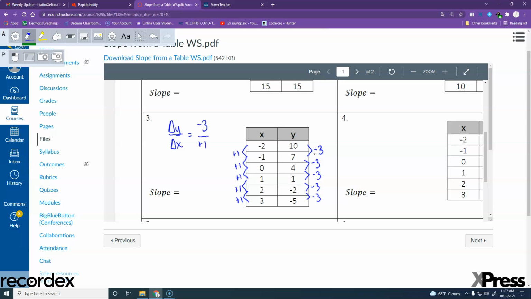What is negative 3 divided by positive 1? Negative 3. Negative divided by positive is going to give you a negative. So your slope for that would be negative 3. Okay, questions?